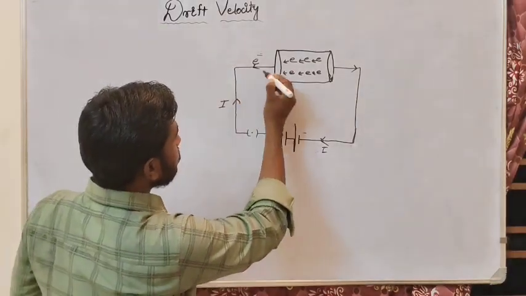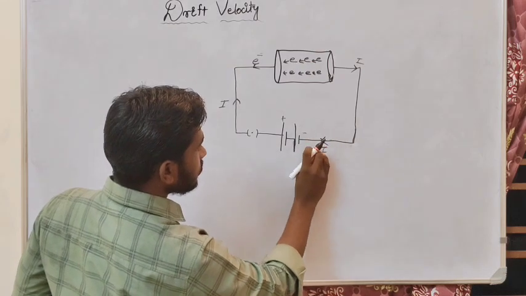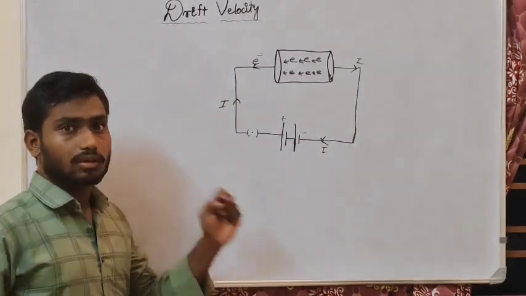The free electrons are moving opposite to the direction of current.